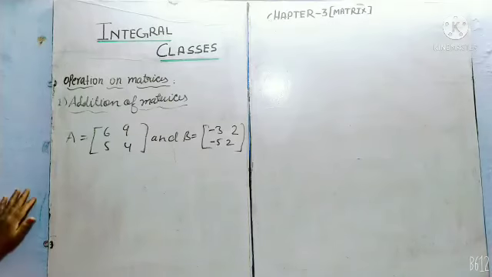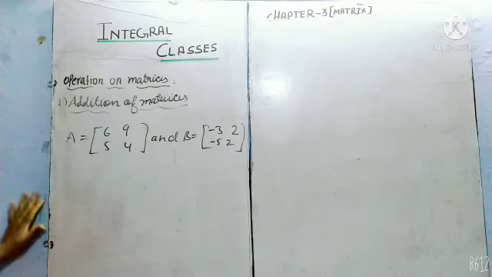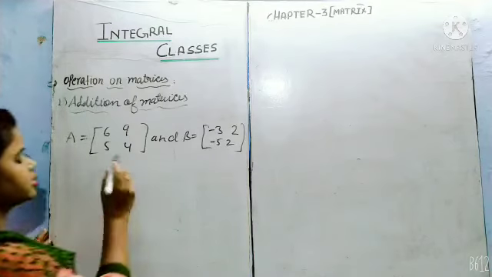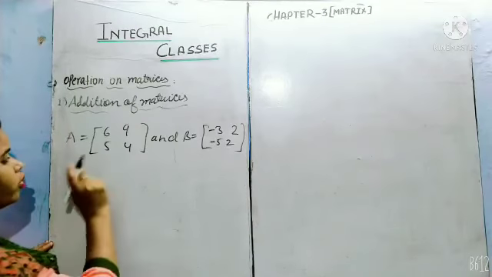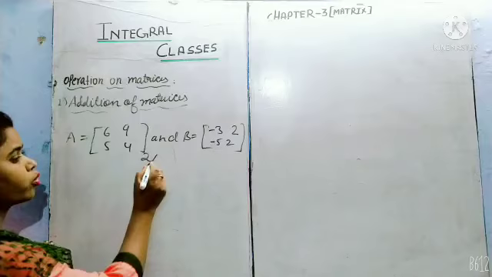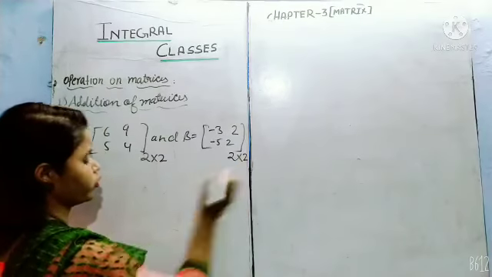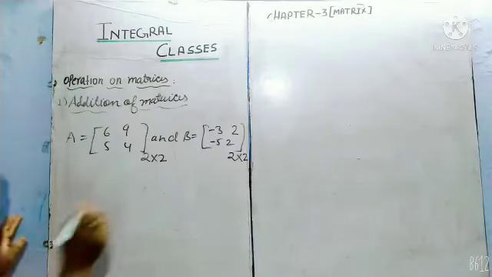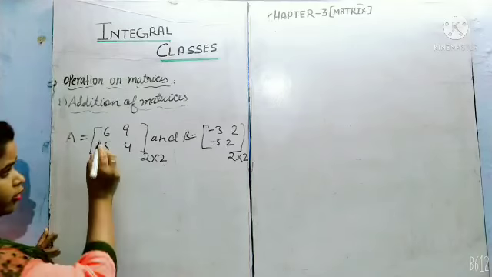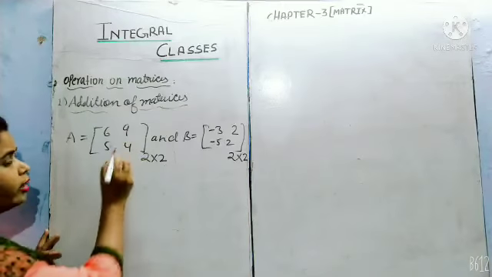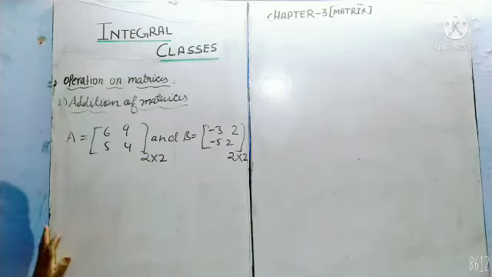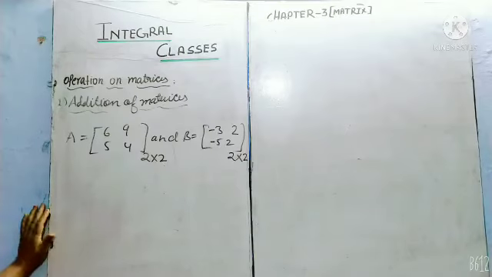The sum of two matrices is defined for matrices of the same order. These two matrices are the same order, 2 cross 2. What is the meaning of 2 cross 2? It means the matrix contains 2 rows and 2 columns.